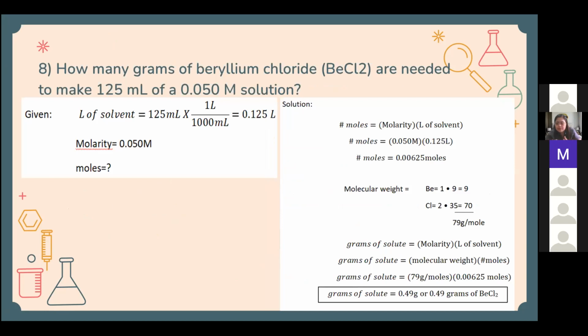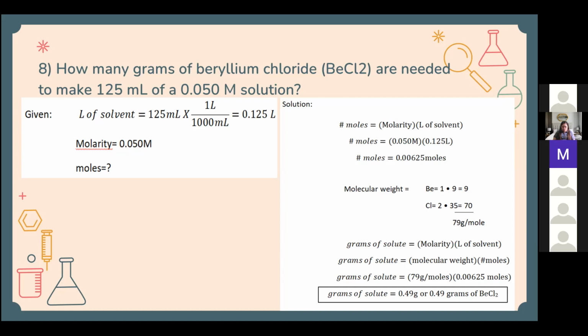So for number 8, how many grams of beryllium chloride, or BeCl2, are needed to make 125 mL of 0.050 molar solution? So our given is the liters of solution, which is equal to 125 mL.